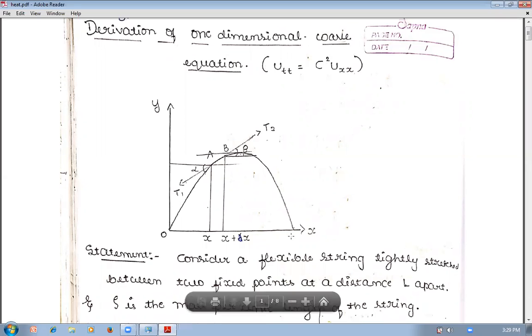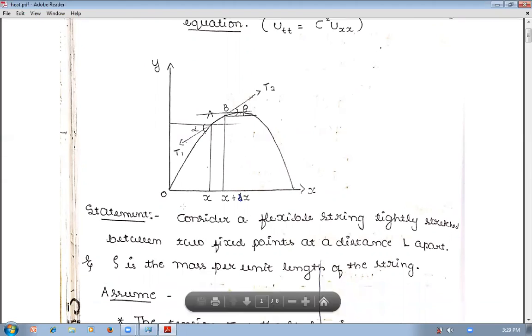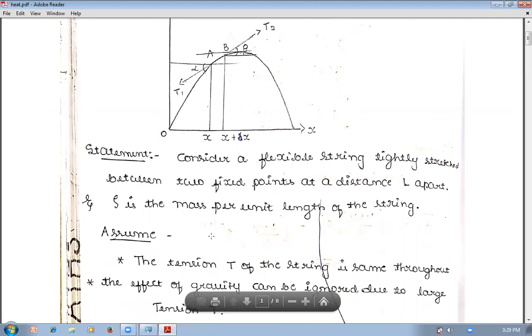Observe here, this is the x-axis and y-axis, and these are two fixed points. The angles at the two fixed points are alpha and beta. Consider a flexible string tightly stretched between two fixed points A and B at a distance L apart, and rho is the mass per unit length of the string.